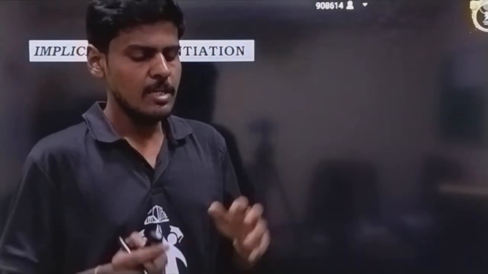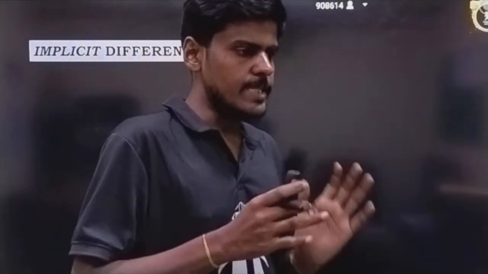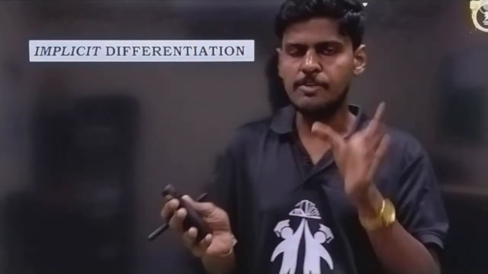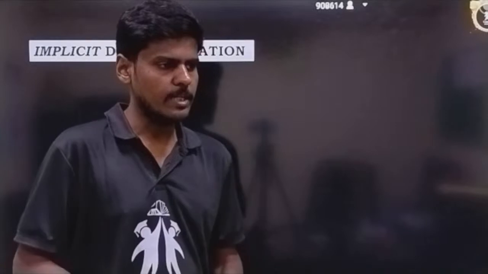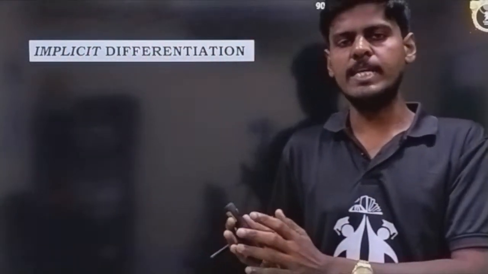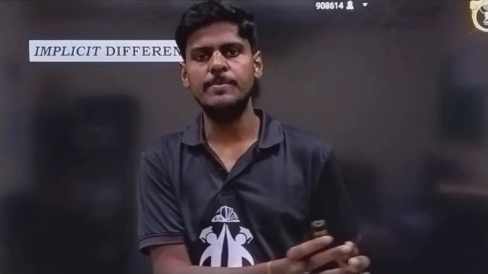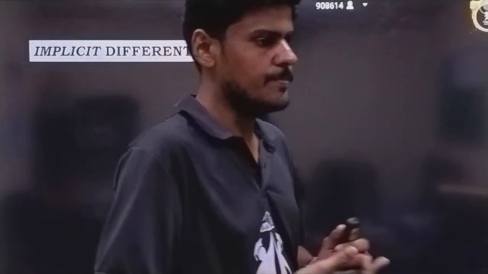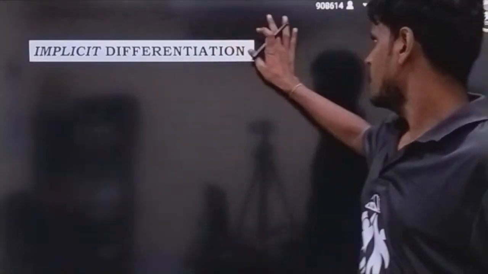What I mean by that is, you cannot write y is equal to some function of x. It will always be written as a function of x and y together. You can't split the x and y variables, writing the y variable on the left hand side and the x variable on the right hand side. That is not possible. Such functions are called implicit functions.